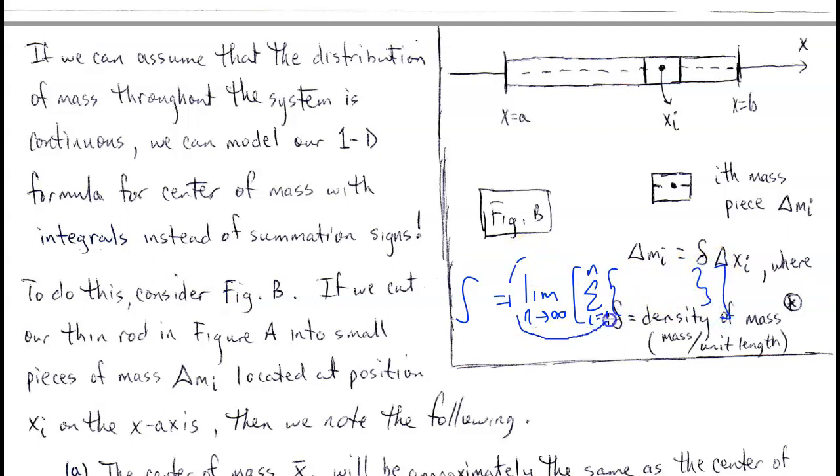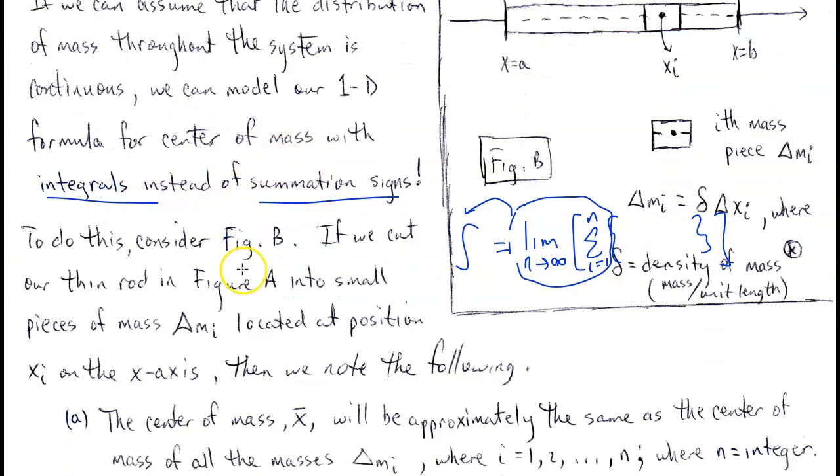But if we take both that summation and that limit as n approaches infinity, technically speaking, that is what our integral sign is, where our integral sign comes from in Cal A. So here we want to see how we're actually going to form this using integrals instead of summation signs.